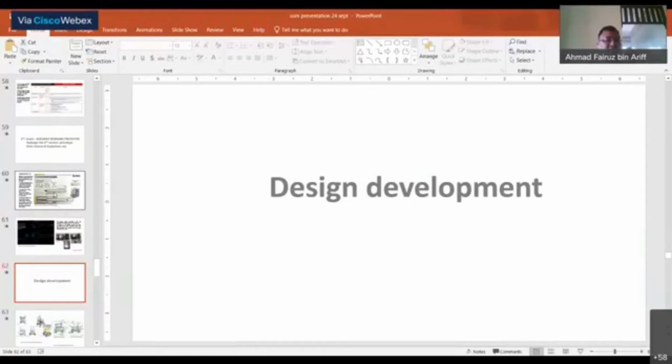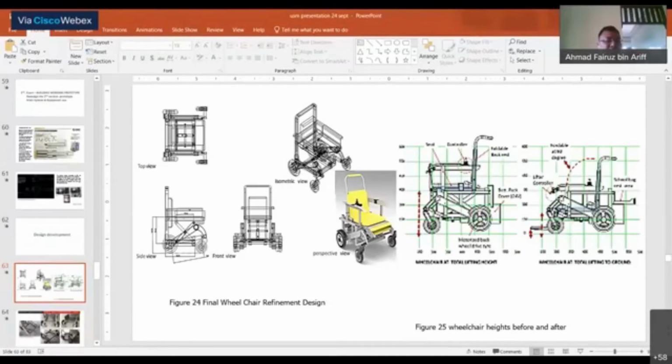Okay, and then we go for refining the design, going to 3D modeling and then restructuring. Through the scale grid drawing, we determine how high it can go, how it moves up and down, and then we have this to flip.